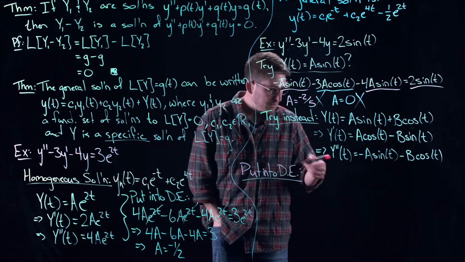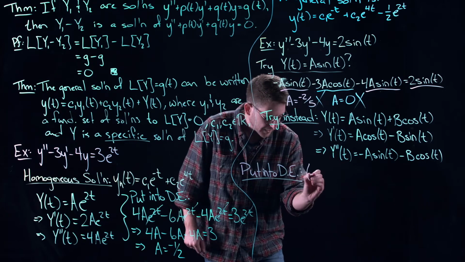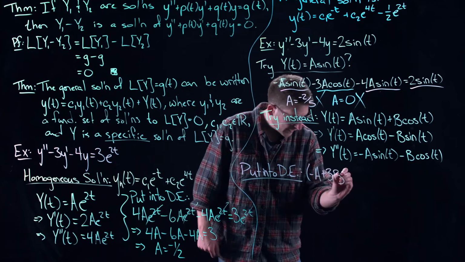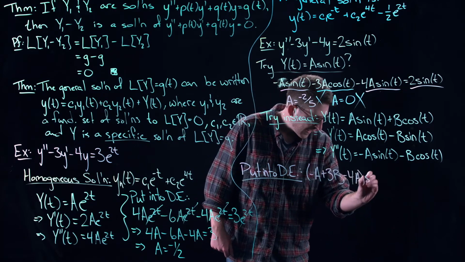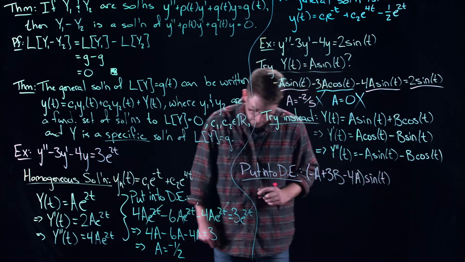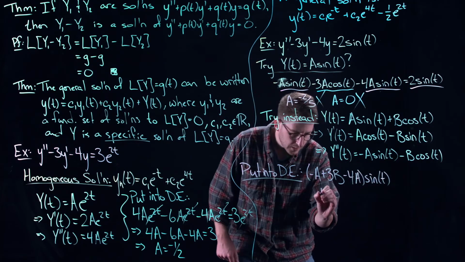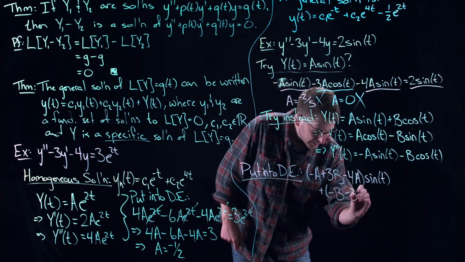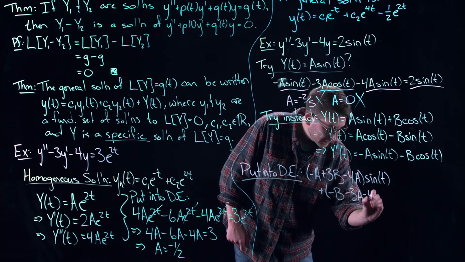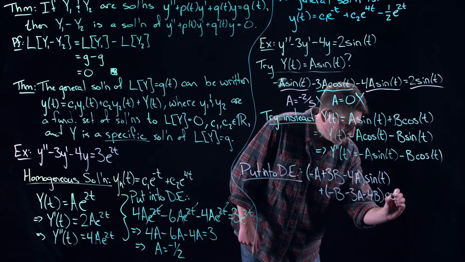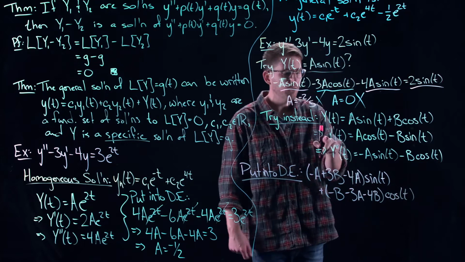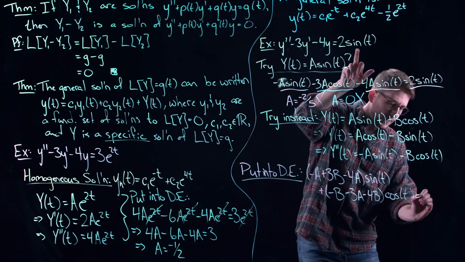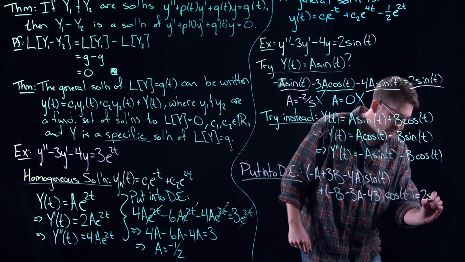Collecting all of the sines, you get minus a plus 3b and then minus 4a times sine of t. And similarly, you get minus b minus 3a and minus 4b times cos of t. So that's what happens when you put y double prime, y prime, and y into the left-hand side of the differential equation. You never change the right-hand side. You have 2 sine of t now.